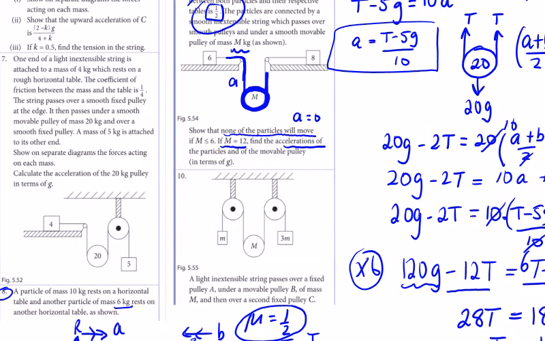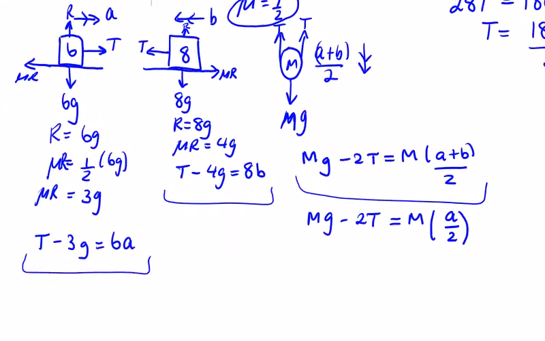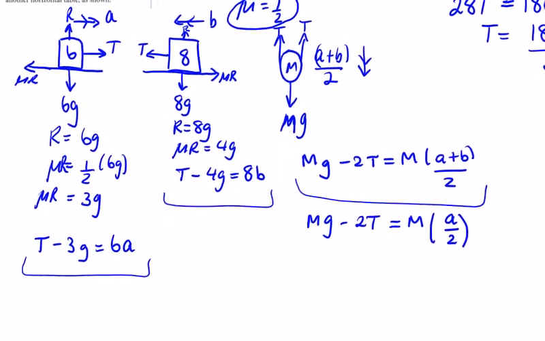If A is this way, then the acceleration of this guy going down is going to be A over 2 because of the two strings until this guy starts moving in this direction. Then we have B involved. So at the moment there's no B involved.